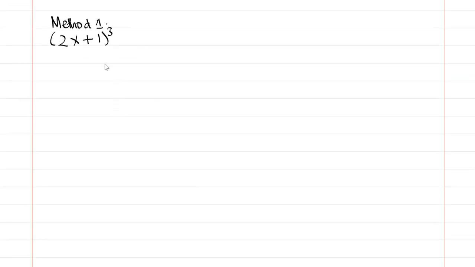Remember, if you have a number, for example a to power 2, this implies that you multiply a by itself twice. This is a times a. And if you have maybe c to power 3, it means c times c times c.